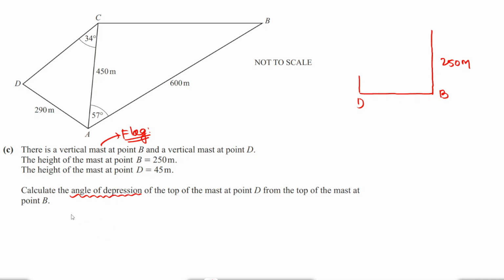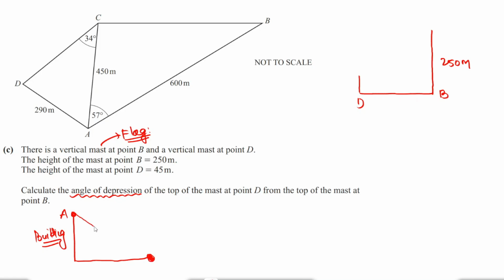Angle of depression means, in trigonometry, you are at point A. Let us assume this is the top of a building, and this is the road. Here let us assume a football is placed. A kid is standing at point A and the kid is looking at the football.